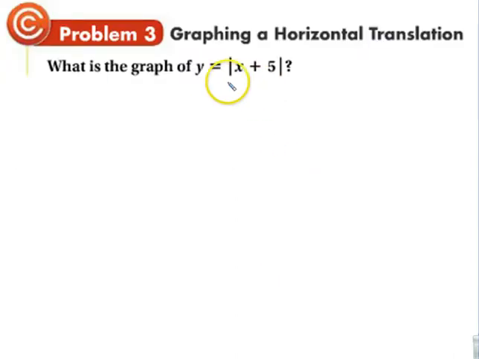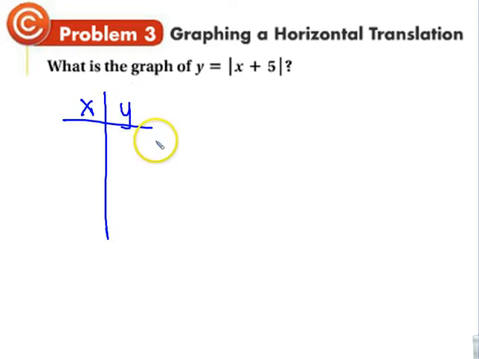Okay, so look at this one. Y equals the absolute value of x plus 5. So I make a table. I know that it's not going to be at 0 anymore. So what I'm going to do is use the opposite of this number as my middle.